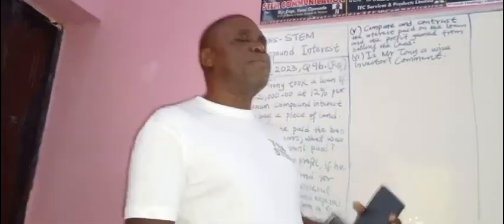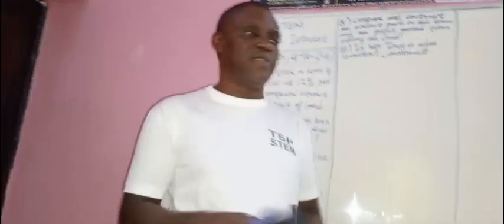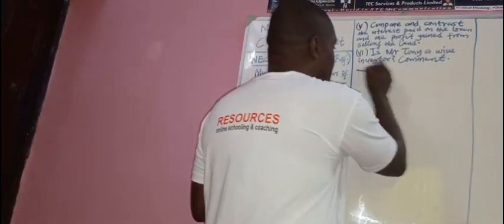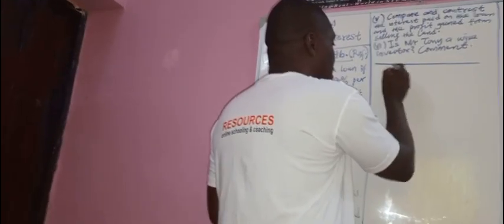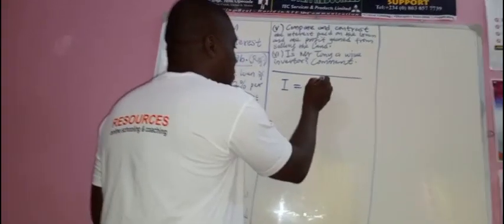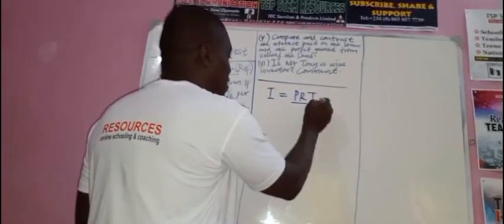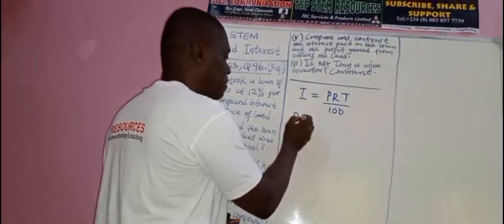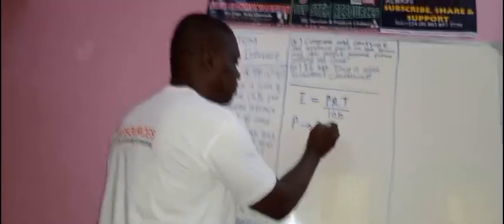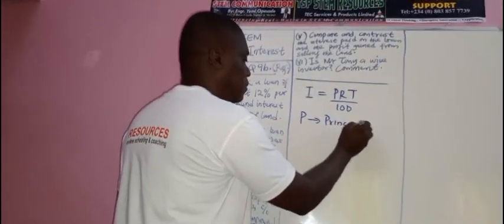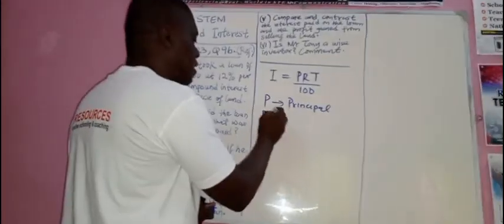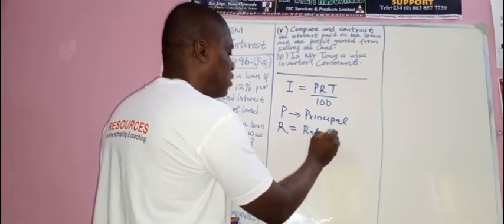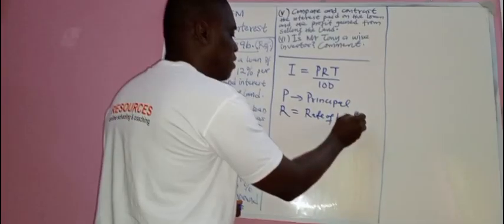Now, what is the difference between compound interest and simple interest? You will recall that simple interest, I, is principal times rate times time over 100. P stands for principal, R stands for rate of interest on the principal.